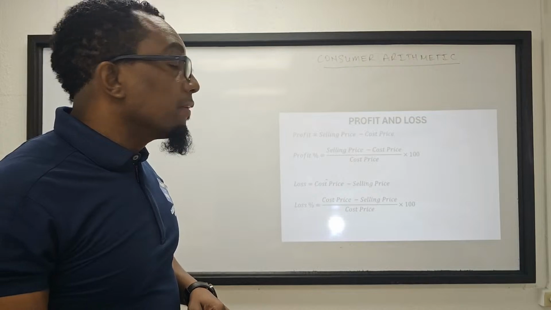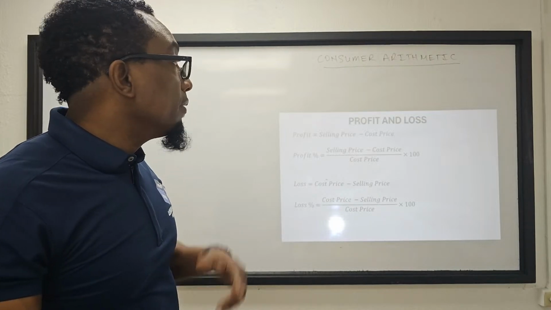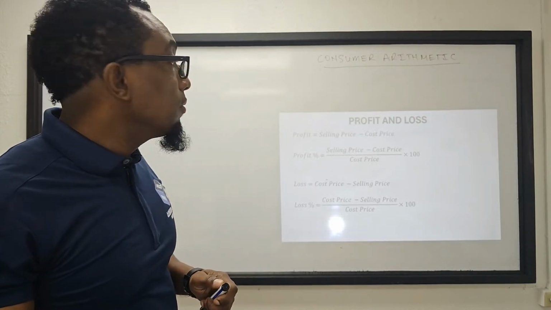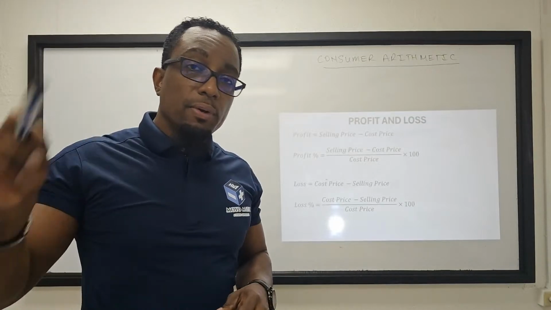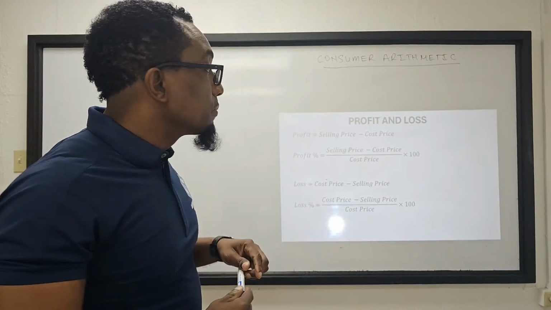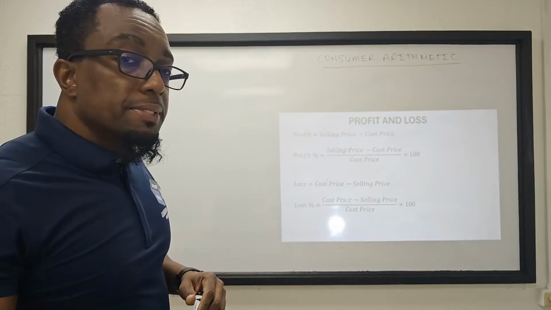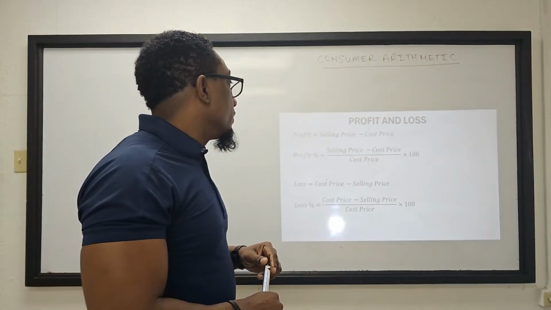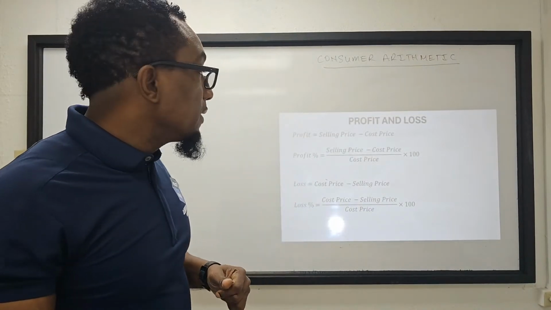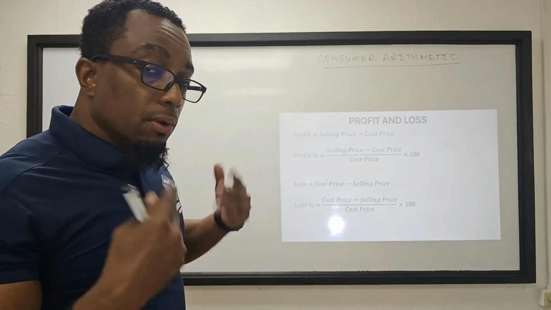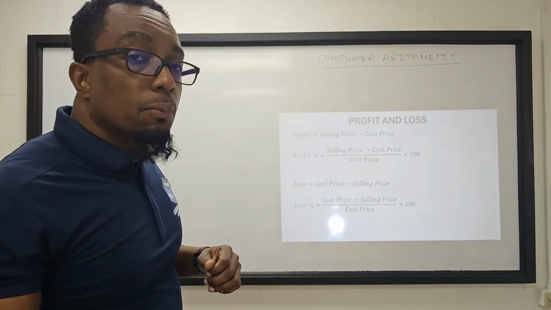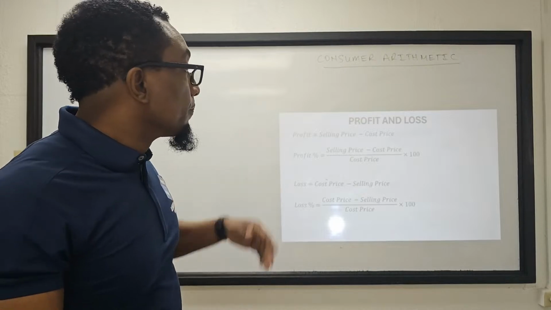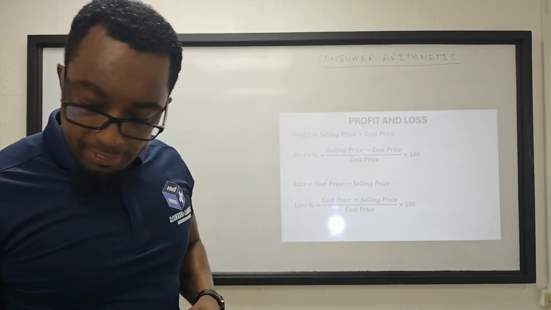The profit percentage will be your selling price subtract your cost price, all over the original cost price times 100. Similarly, your percentage loss will be your cost price minus selling price, all over your cost price times 100. You should know these important formulae, right?